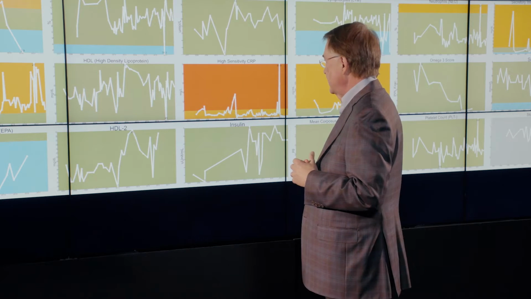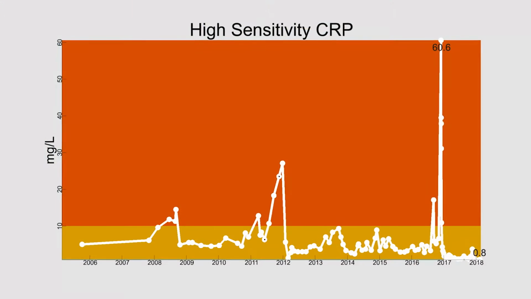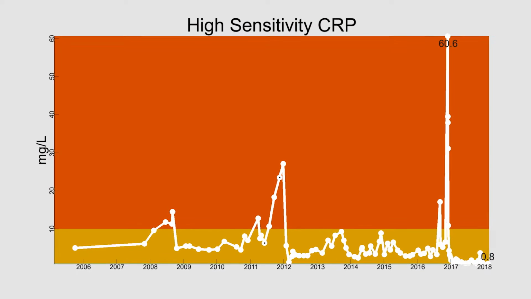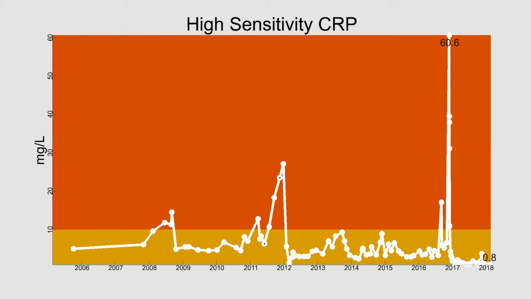But I started seeing something very strange. In my high sensitivity CRP, now CRP is C-reactive protein, and that is a standard medical test for whether you are in a state of inflammation, and it's a blood test. Well, it's supposed to be less than 1, and you can see that doesn't even show up on here. That's down at the very bottom.